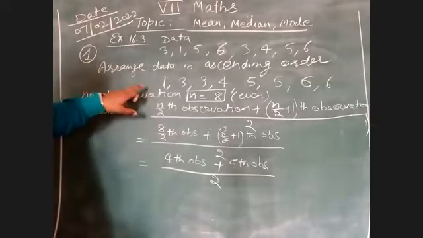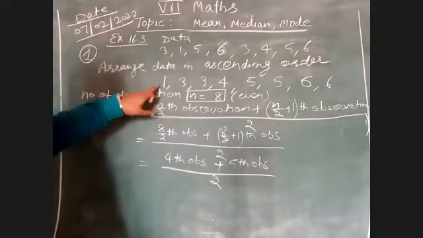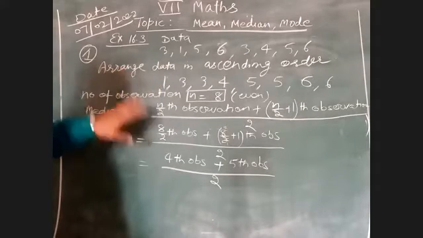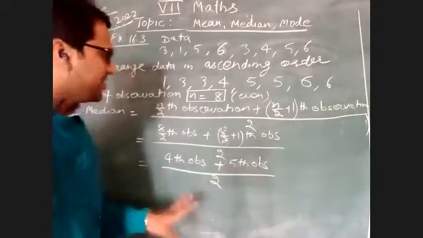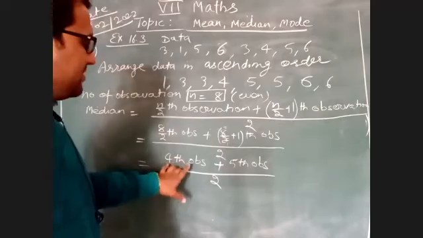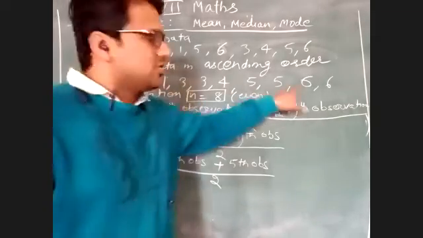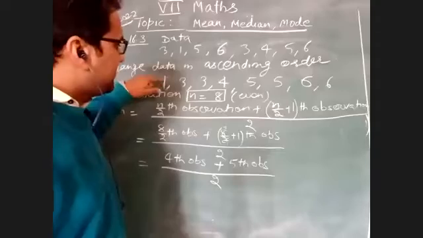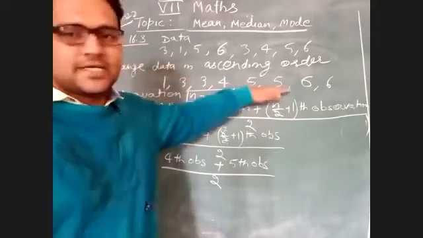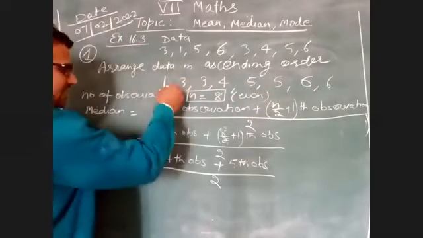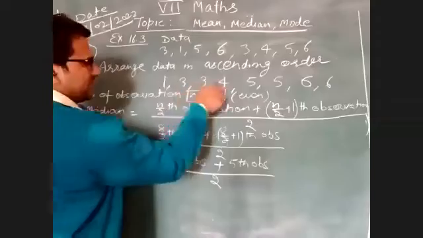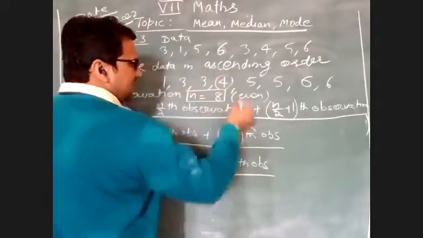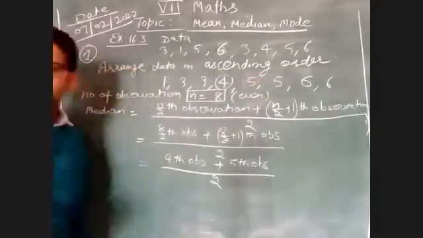Now you have to observe the 4th observation. What will be the 4th observation? While observing the 4th and 5th observation, you have to observe them from your ascending order data, not your statement. In ascending order data, the 4th observation is 1, 2, 3, 4. This is the 4th observation, and this is the 5th observation.